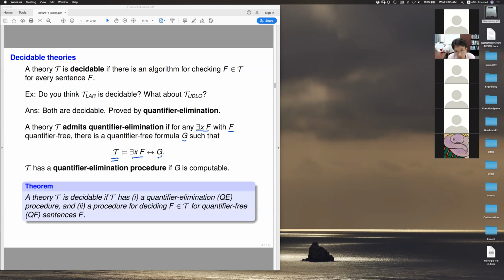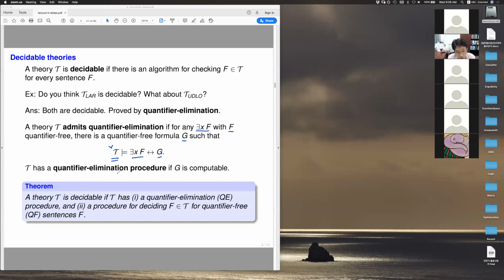F and G on every structure. We are interested in structures that satisfy every sentence in the theory T. So we say theory T admits quantifier elimination whenever an existentially quantified formula can be replaced by a quantifier-free formula.